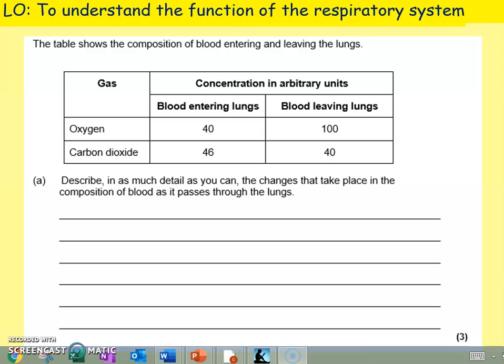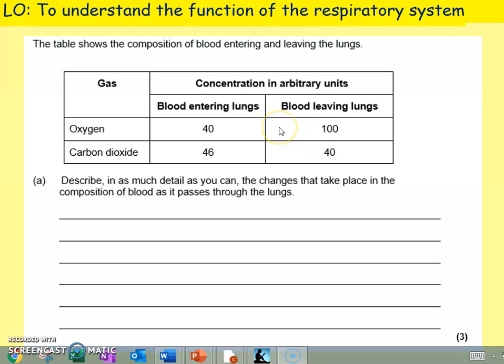Easy? I hope so. So what you should have done is found the difference between the number of units of oxygen entering the lungs compared with the number leaving the lungs, and that would be 60.